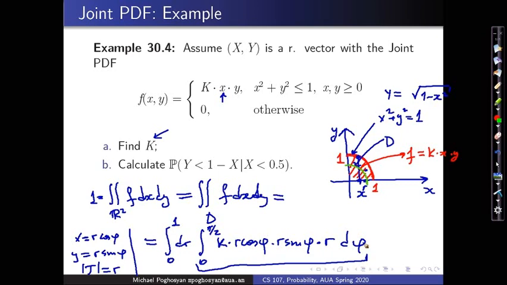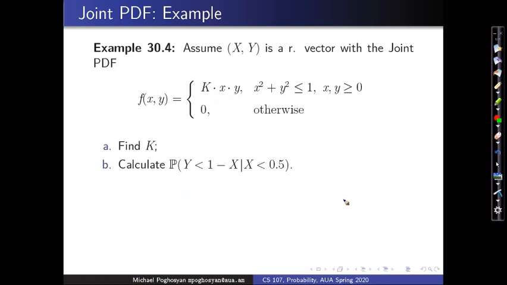Take that sine into the d sign, you will have d cosine with some sign, and you will be left with some integral with r squared dr and some constant. Okay, so two methods to calculate that integral, giving the value of k. I'm assuming that I already have that k.